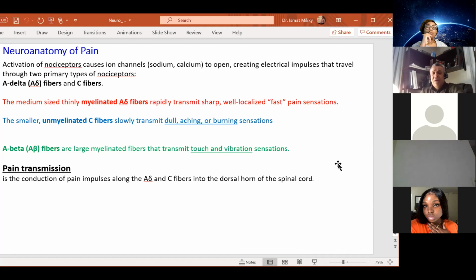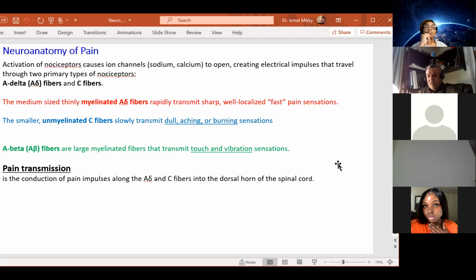So with the pain experience, the A delta fibers are covered with myelin sheath, and they transmit the sharp, well-defined, fast pain sensations. For example, these are responsible for causing the reflex withdrawal.